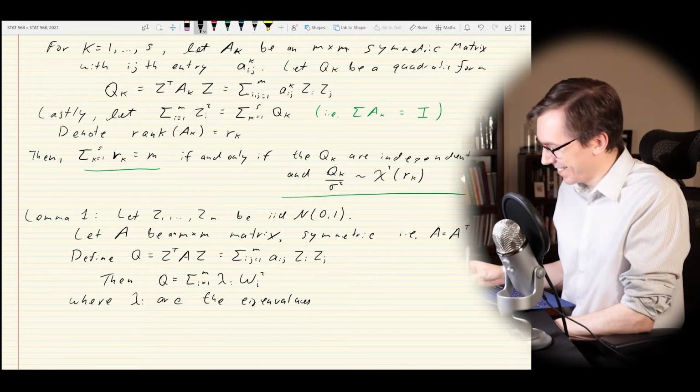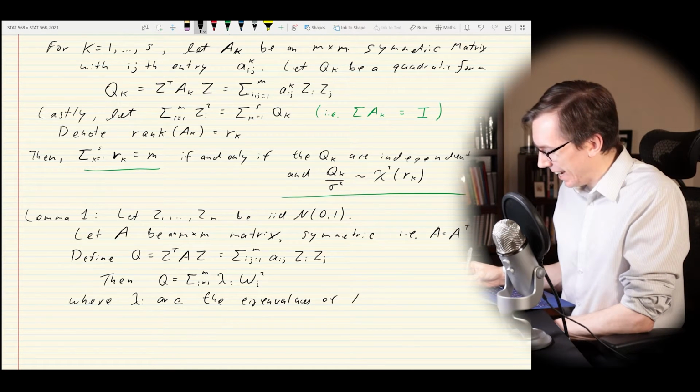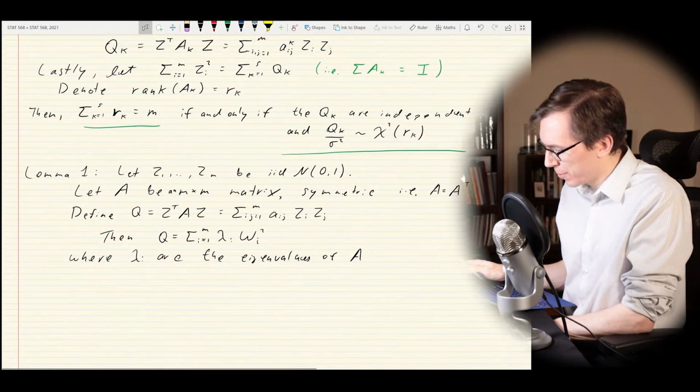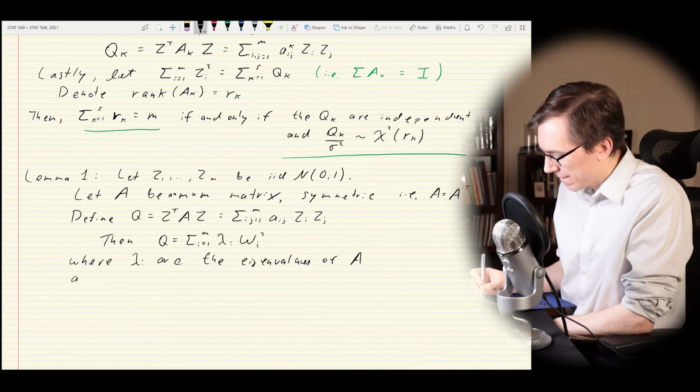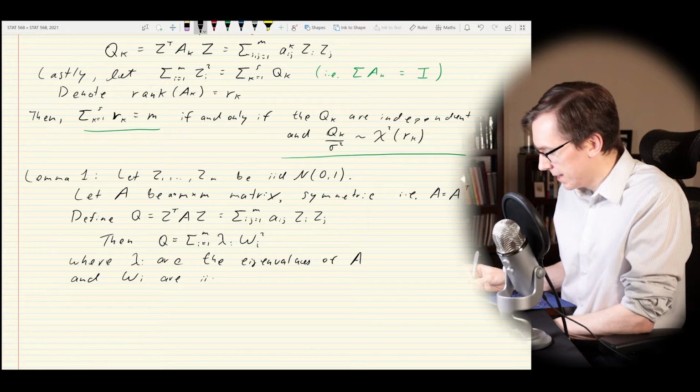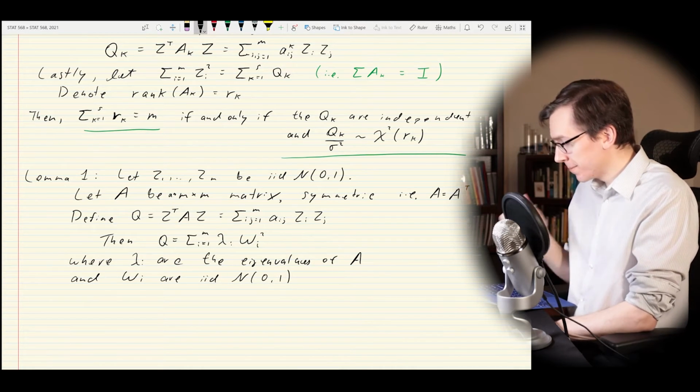The eigenvalues of A, the matrix A, and the W_i are IID normal 0, 1, standard normal.